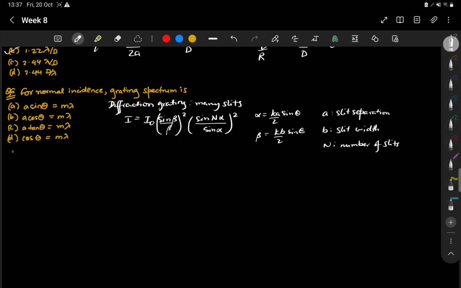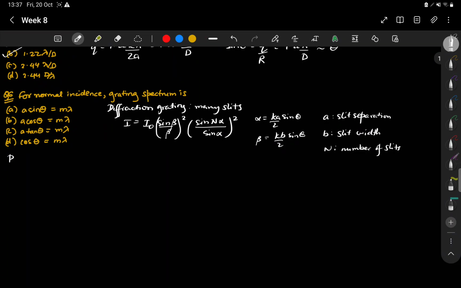Now, the principal maxima of this pattern occur when sine n alpha over sine alpha is maximum, and this is maximum for the following values of alpha: alpha equals 0, plus minus pi, plus minus 2 pi, and so on. Integral multiples of pi. So that means alpha is m pi, where m is an integer.